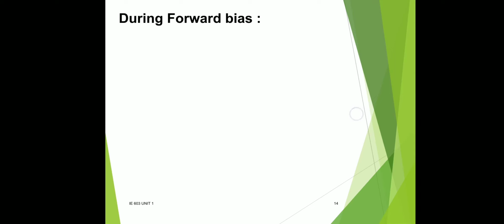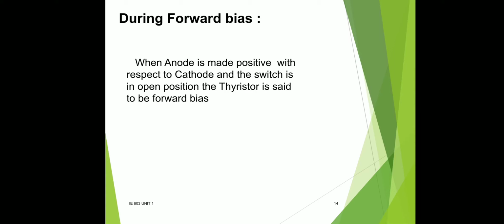During the forward bias, what is forward bias? When the anode is positive with respect to the cathode and the gate is open, the SCR is said to be in forward bias.